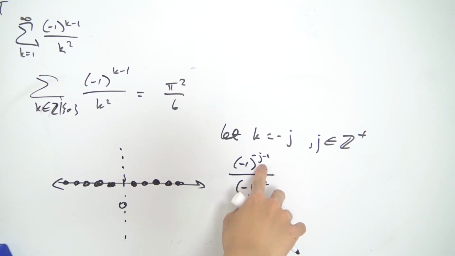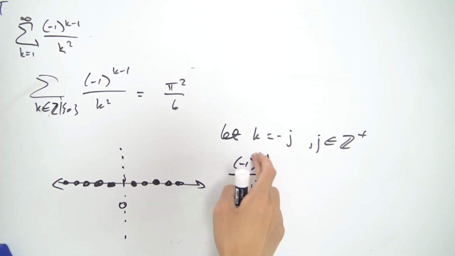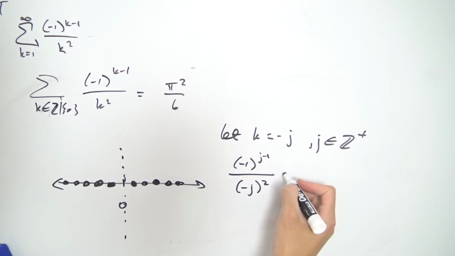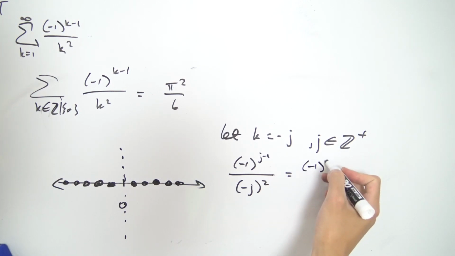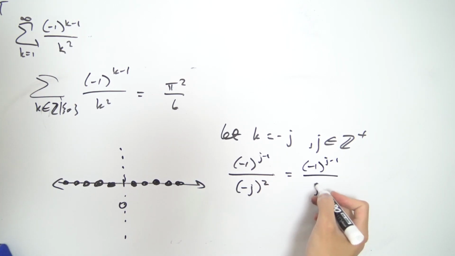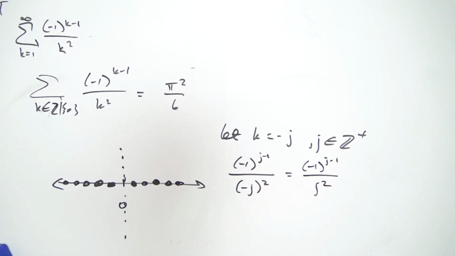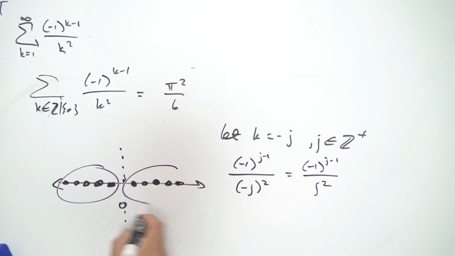Let's say j is an even number, and you subtract 1 off from it, then it's odd. But if you remove this negative out the front, if j is even and you subtract 1, it's still also odd. So in fact, it doesn't matter if you have a minus or not out here, it's still going to give you either odd or even. And minus j squared down here is just j squared, so we have minus 1 to the j minus 1 over j squared. So in fact, the values on the negative side are the exact same as the values on the right side.